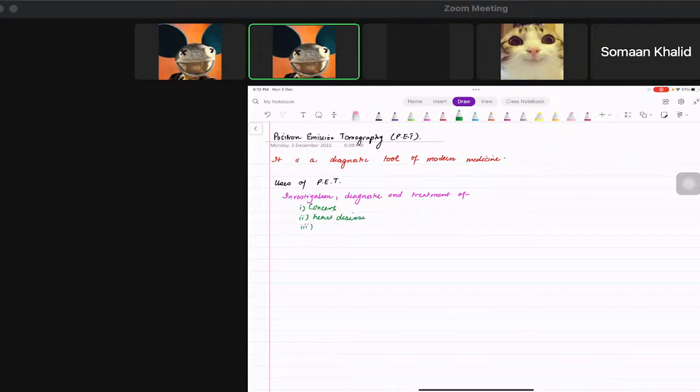Number three, gastrointestinal disorders, and brain function. Right.